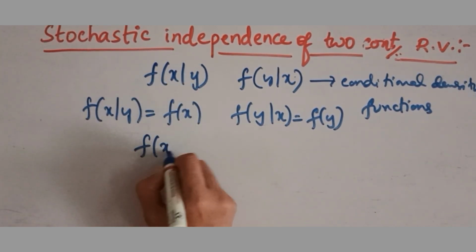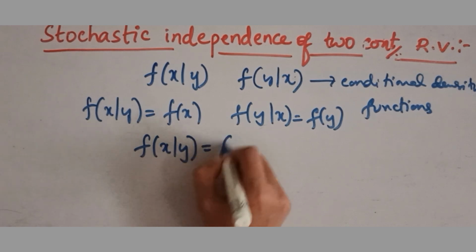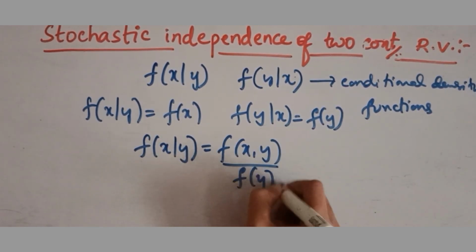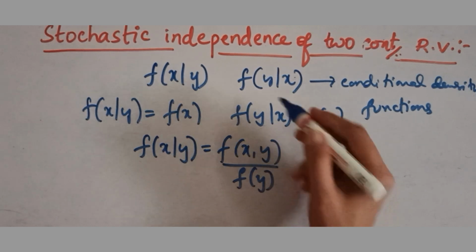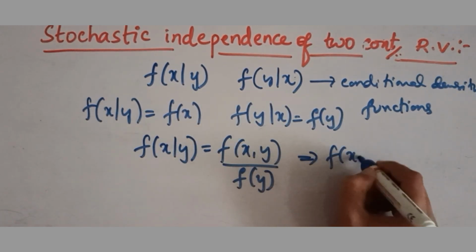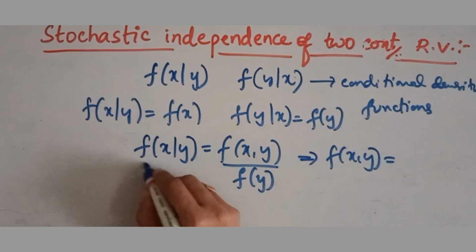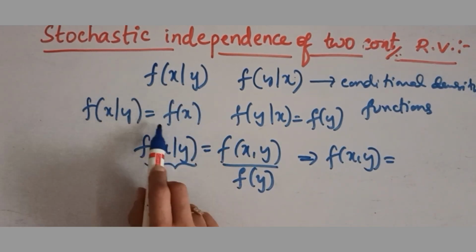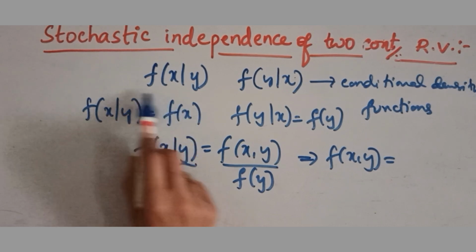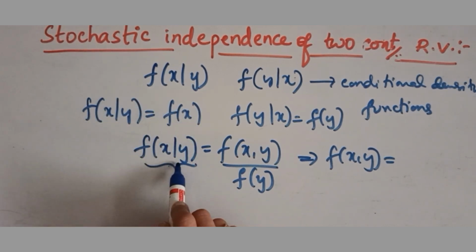So we have the definition of conditional density function as f of x given y equal to f of x comma y divided by f of y. When you apply this condition, this is nothing but the same as f of x. If the variables are independent, then f of x given y is the same as f of x.